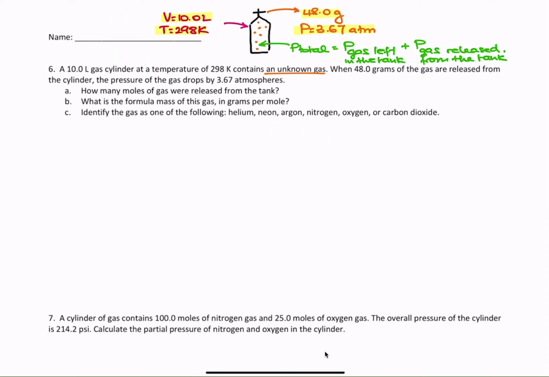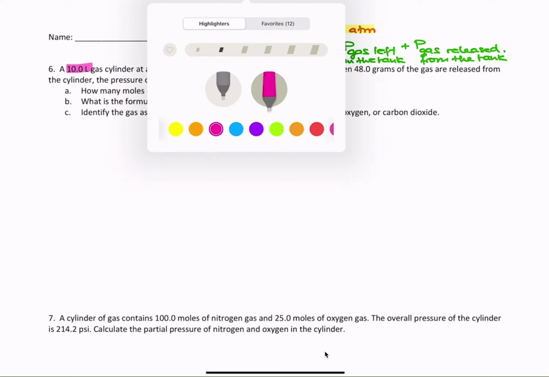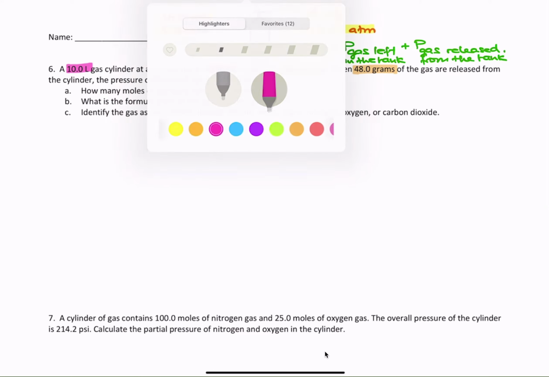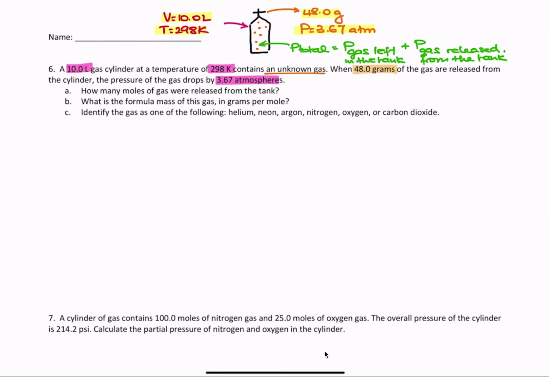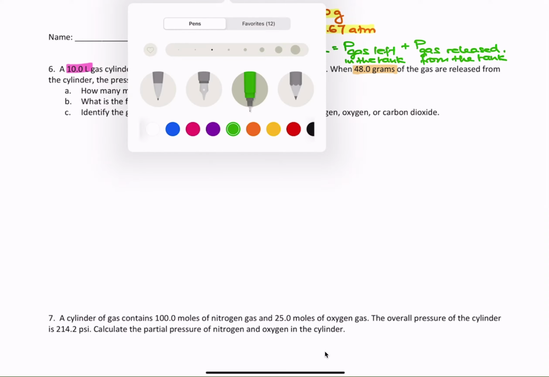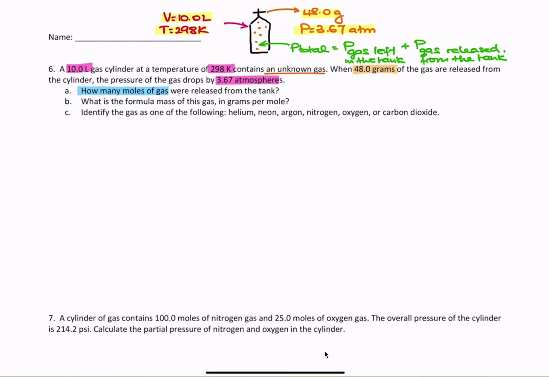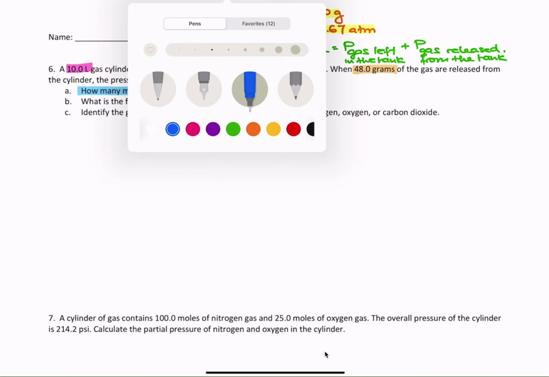So what is the first question asking? We have the volume, the temperature, the mass of the unknown gas, and we know the pressure of this unknown gas. The problem asks for how many moles of the gas were released from the tank.